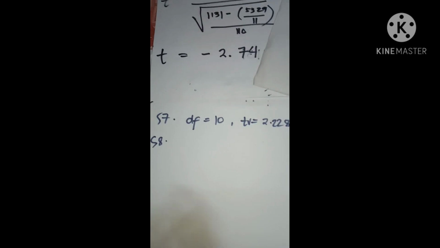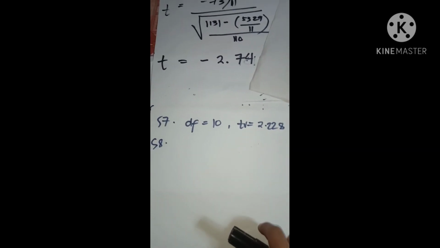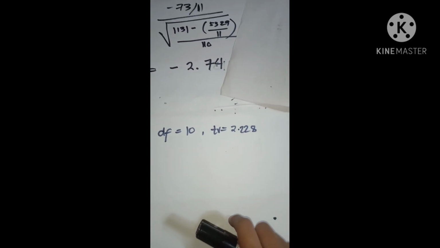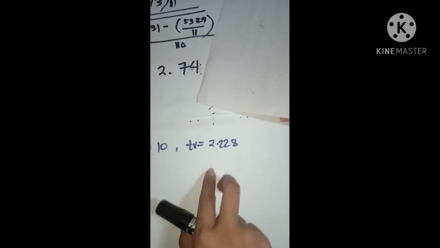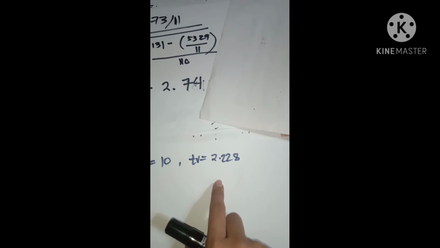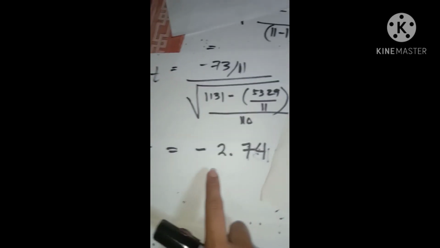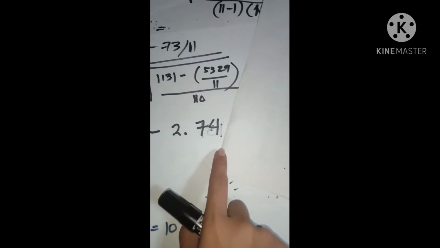Here it is, 10 there. Finally, for the last step, step 8, let's compare the t-table value from step 7 to our calculated t-value, which is negative 2.74.